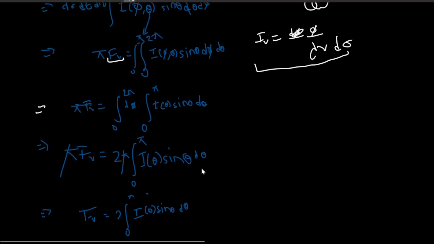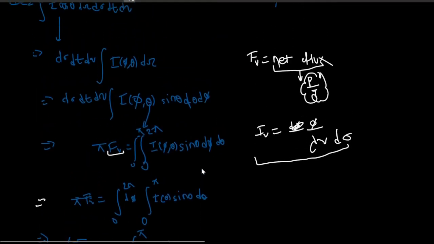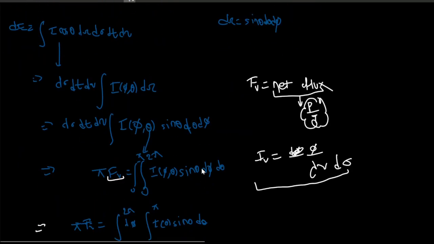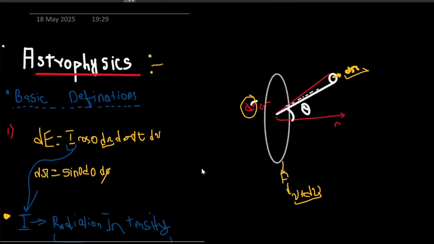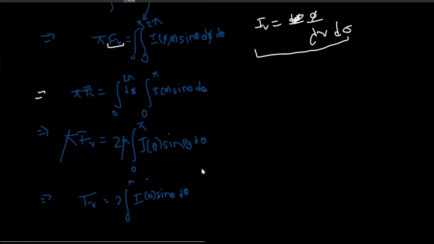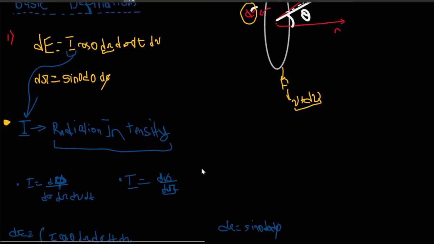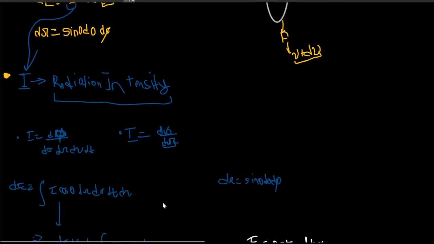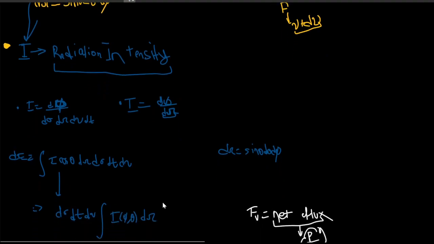So let me quickly verify if I have made any mistakes here, because one term is missing. Okay, when I defined the d phi, I think I have not written the cos theta down.